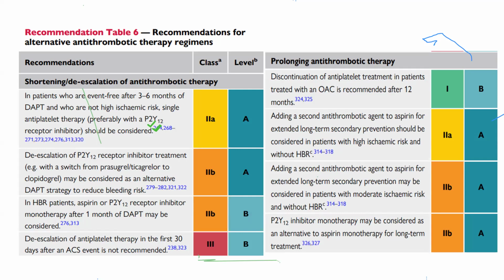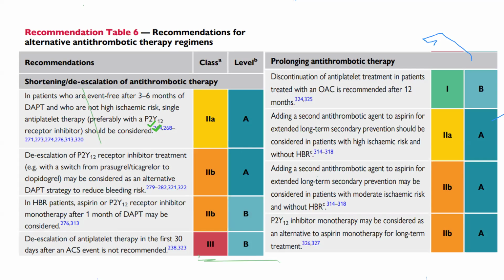It should be based on your ischemic risk and should be considered in those with very high ischemic risk. That's a 2A. Adding a second antithrombotic agent to aspirin for extended long-term secondary prevention may be considered in patients with moderate ischemic risk and without high bleeding risk. That's a 2B. And P2Y12 inhibitor monotherapy may be considered as an alternative to aspirin monotherapy for long-term treatment.